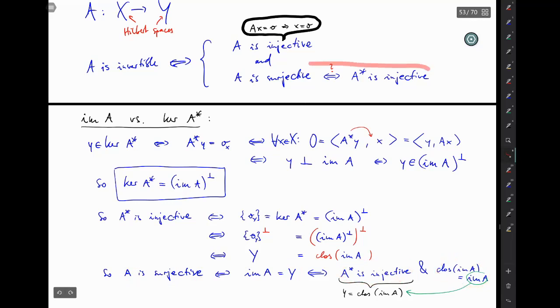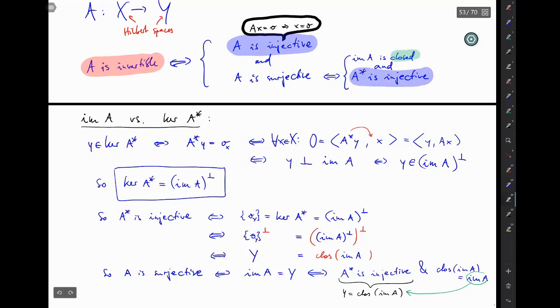Okay, so let's now fix this line here. So we can remove the question mark, and we have to put our extra condition here. Okay, so now we have it. So the invertibility of A is equivalent to the injectivity of A and injectivity of A star, and unfortunately the story is not over yet.